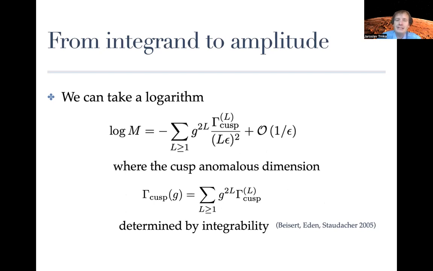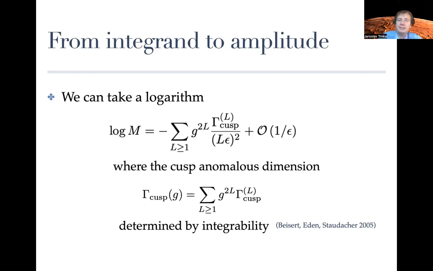Okay, and the non-trivial function sitting in the numerator, we can put together in a function of the coupling called the cusp anomalous dimension. This is an expansion in the coupling, which has some numerical factor in front of every power of g, or g².